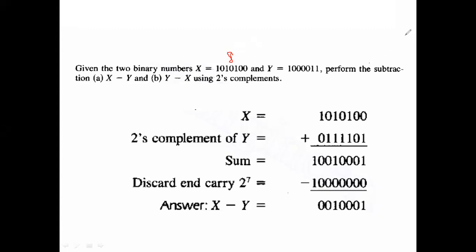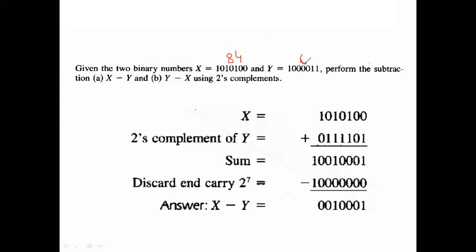Then the resultant is x equal to 84, and this value y is 67.